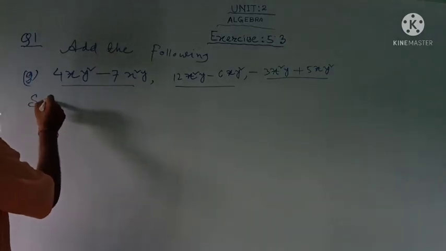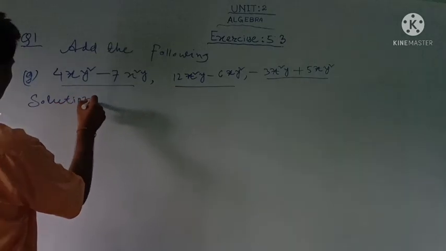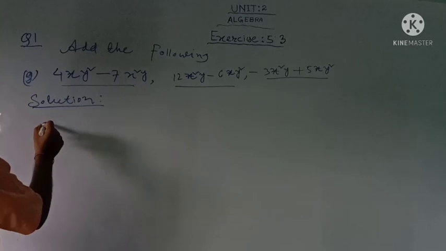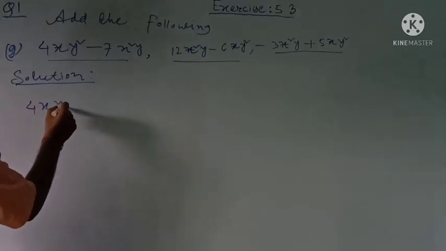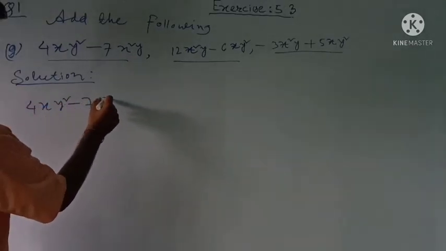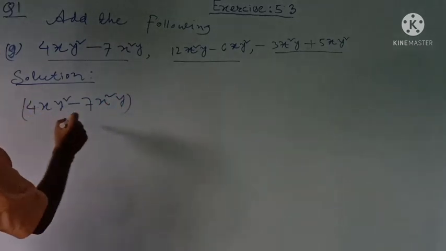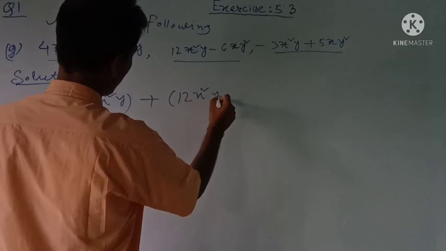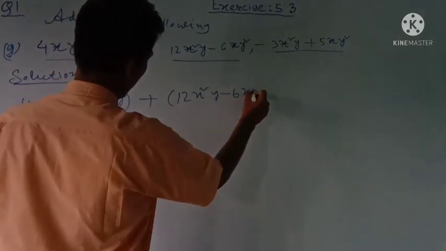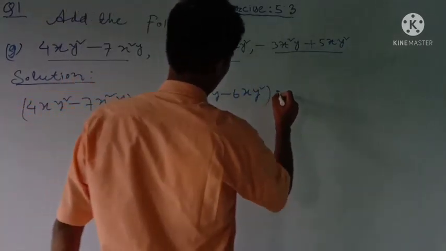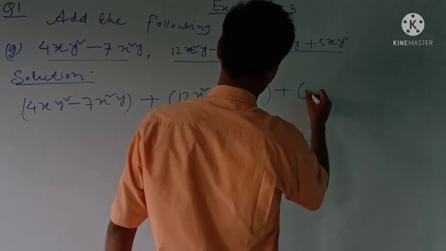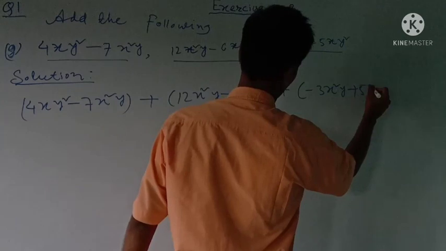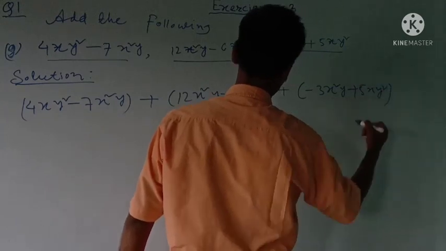Solution. 4xy square minus 7x square y, plus 12x square y minus 6xy square, plus minus 3x square y plus 5xy square.